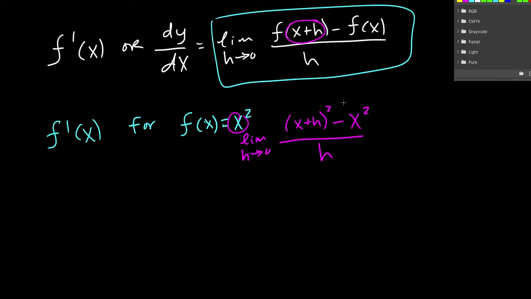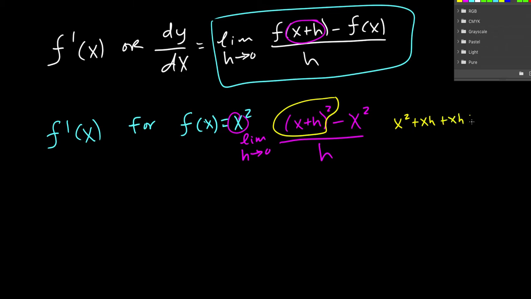That's our approach. Now we want to expand this piece, and we can't just distribute the squared. Instead we need to do x plus h times x plus h. And so we do x times x is x squared. x times h is positive xh. h times x is positive xh.